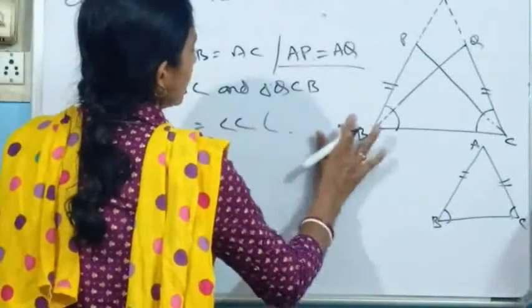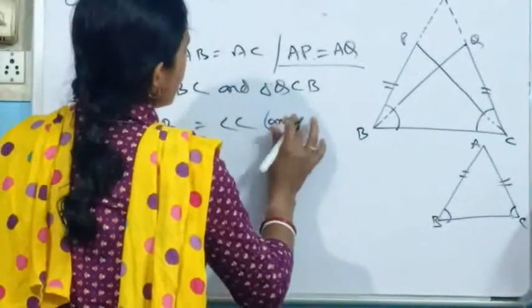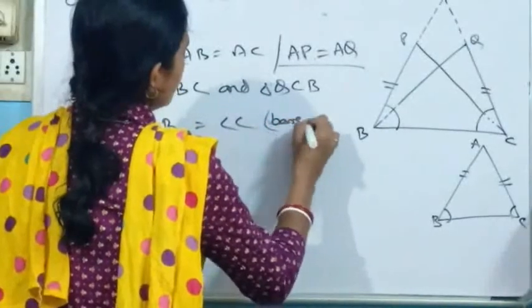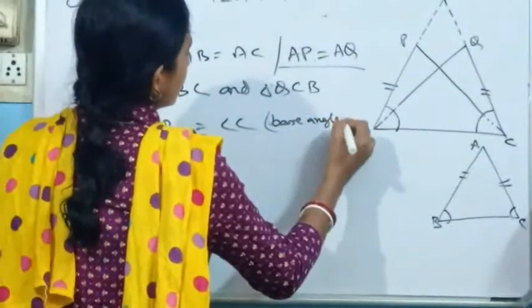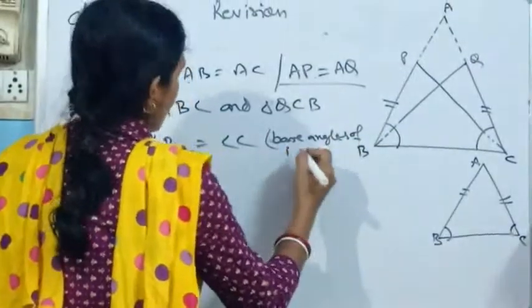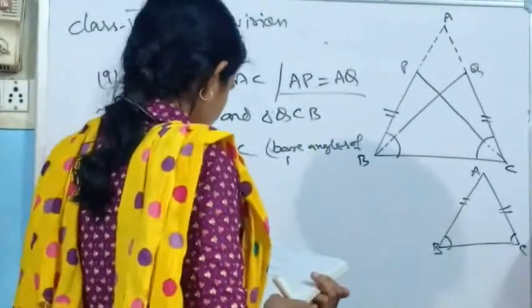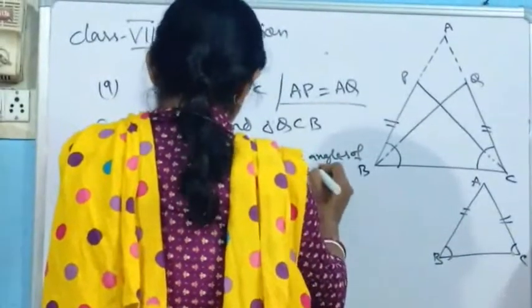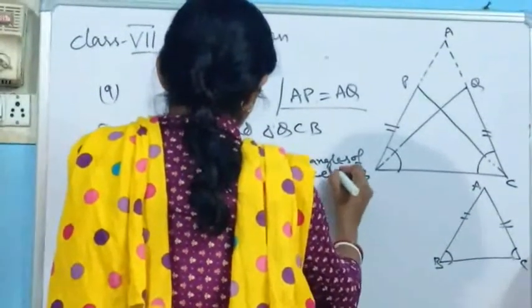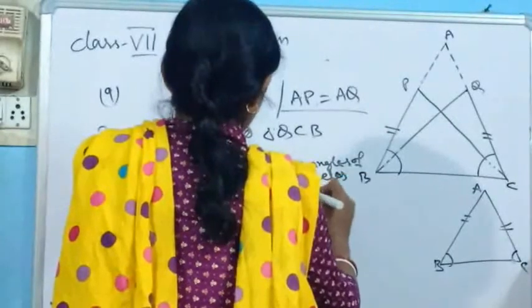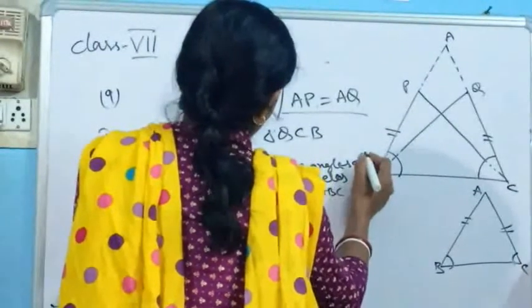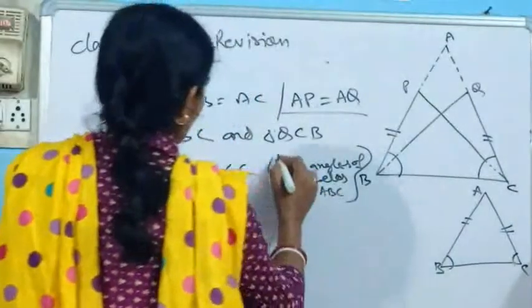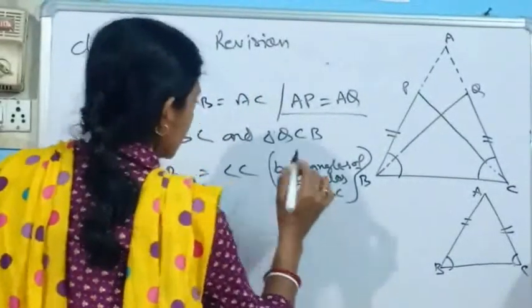Base angles of isosceles triangle ABC. By that only I have written this one. Okay, this one I can make clear here.